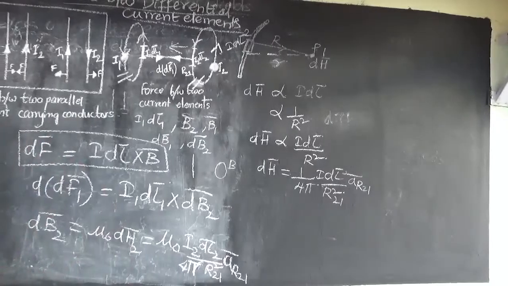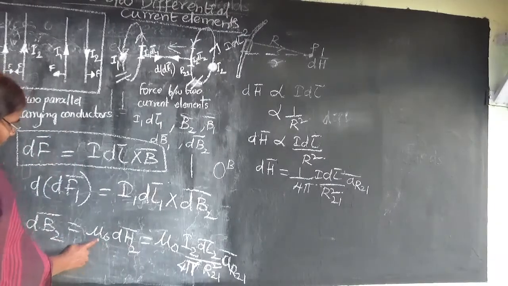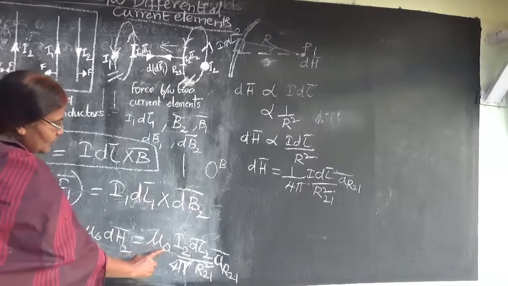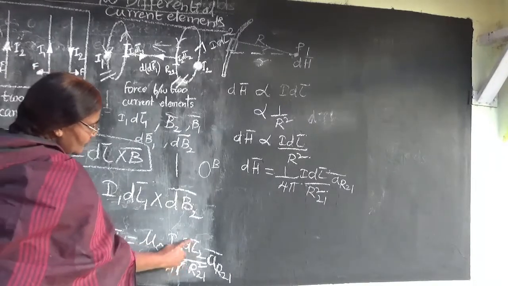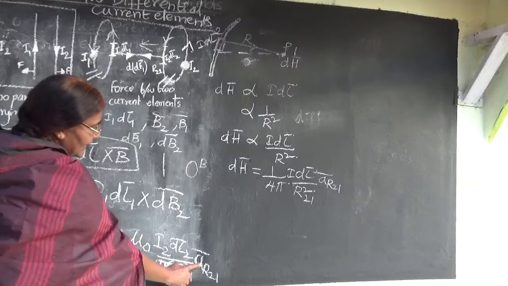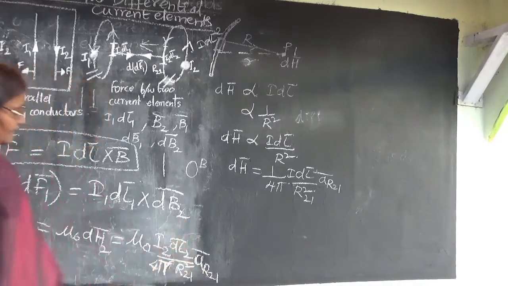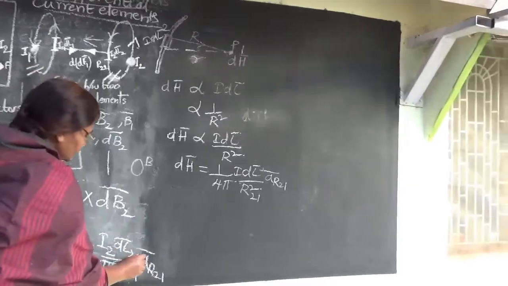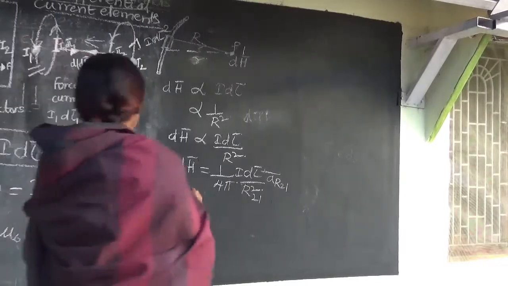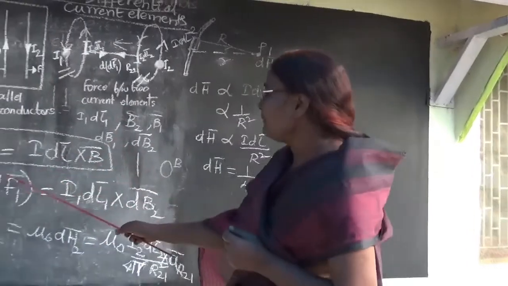Now, mu naught dH2 bar is equal to mu naught I2 dL2 bar divided by 4 pi R21 square aR21 bar. Now I will write the complete equation here.